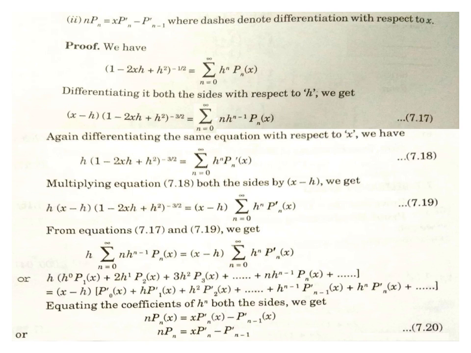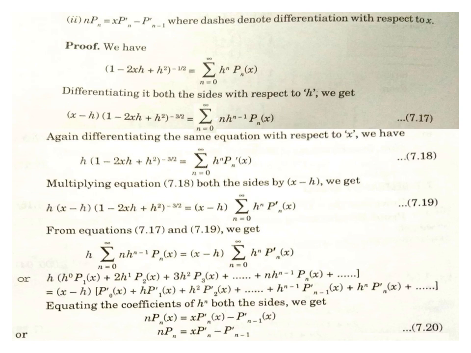When h is multiplied with h to the power n minus 1, it will provide the coefficient of h to the power n in the left hand side as n into Pn(x). In the right hand side, when x is multiplied with that term we get the coefficient of h to the power n as x into Pn'(x), and then minus h multiplied with that term will provide the coefficient of h to the power n one more time as minus P(n-1)'(x), as you can see.